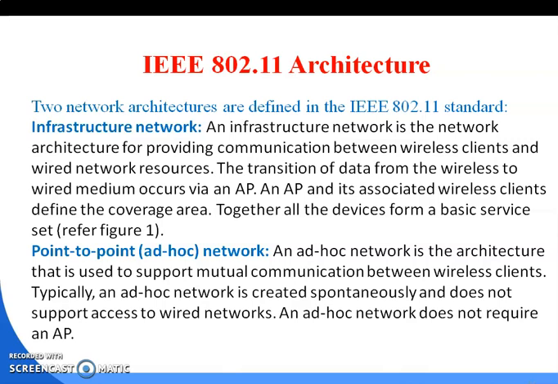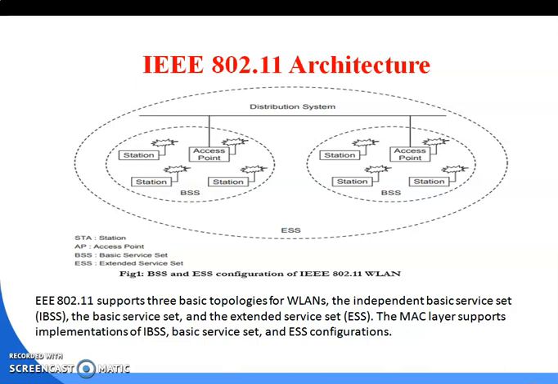Next is the point-to-point or ad hoc network. An ad hoc network is the architecture used to support mutual communication between wireless clients. Typically, an ad hoc network is created spontaneously and does not support access to wired networks. An ad hoc network does not require an access point. And this is the 802.11 architecture.